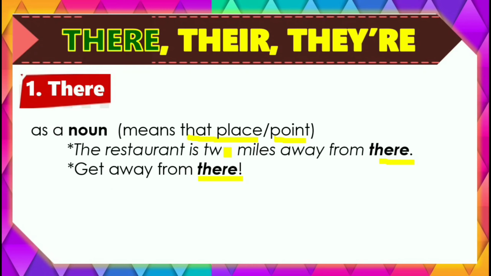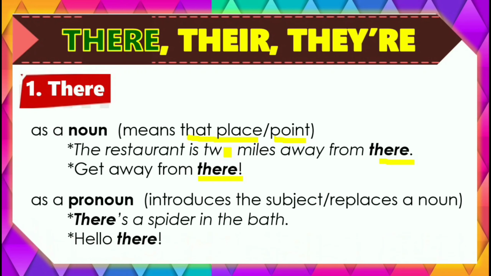Okay? There could also function as a pronoun. When we use there as a pronoun, that means that we use there to introduce the subject. For example, there is a spider in the bath. Where is our subject? The word spider. So there introduces our subject, which is the spider.